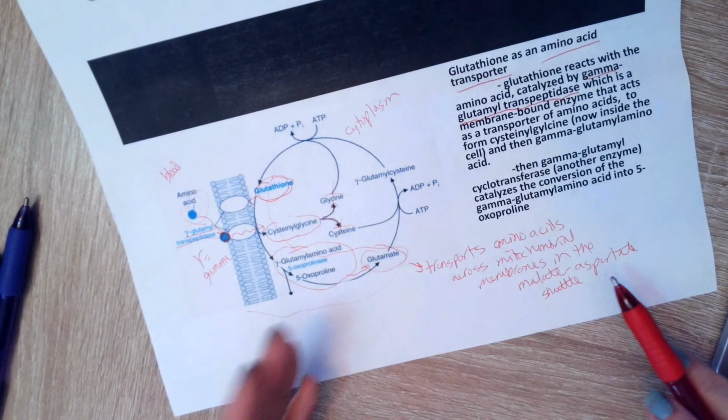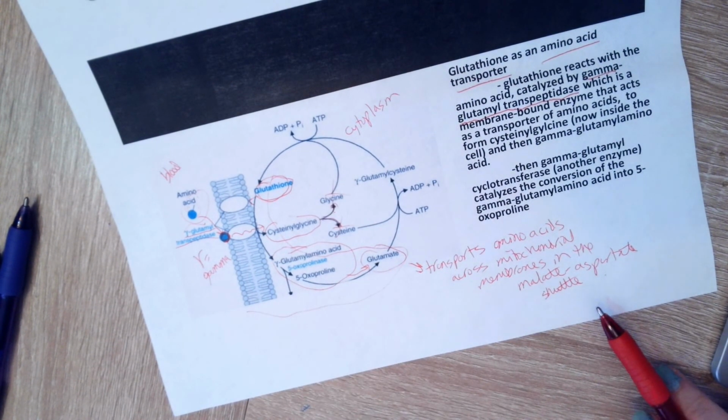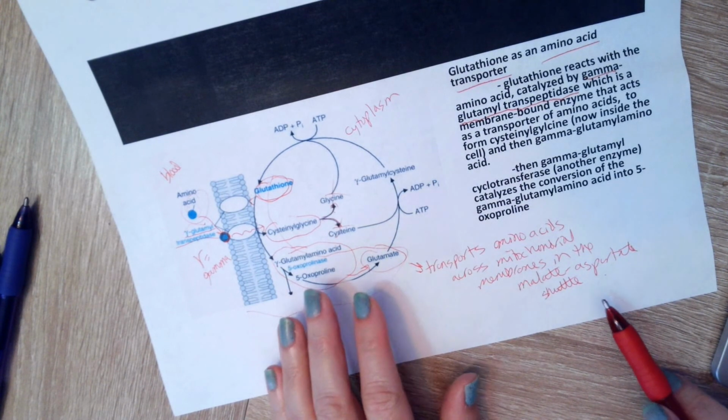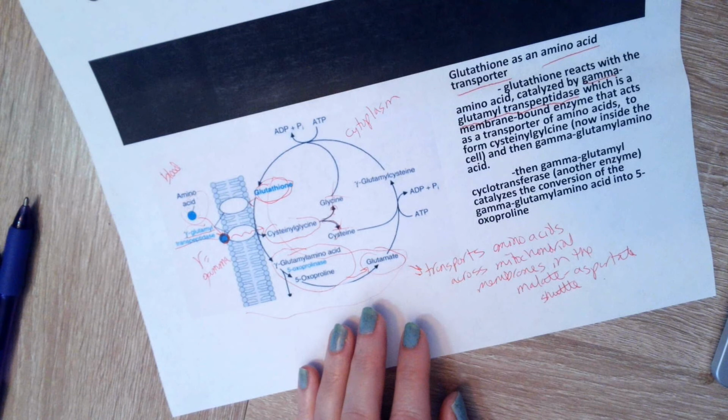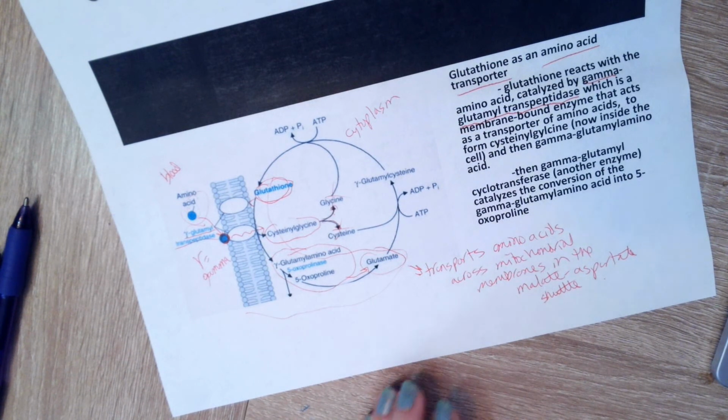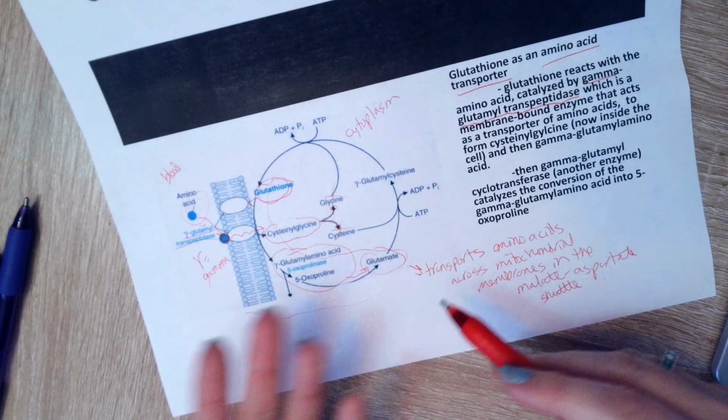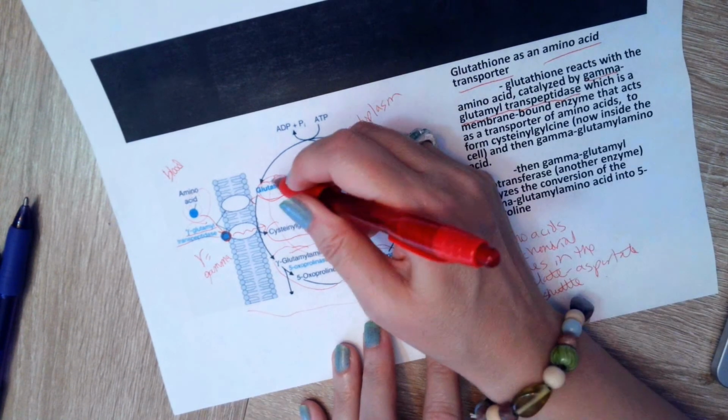So there's another little link up here. We've gone from glycolysis to the pentose phosphate pathway, back into the Krebs cycle and the malate aspartate shuttle, and we've linked them all together through glutathione.